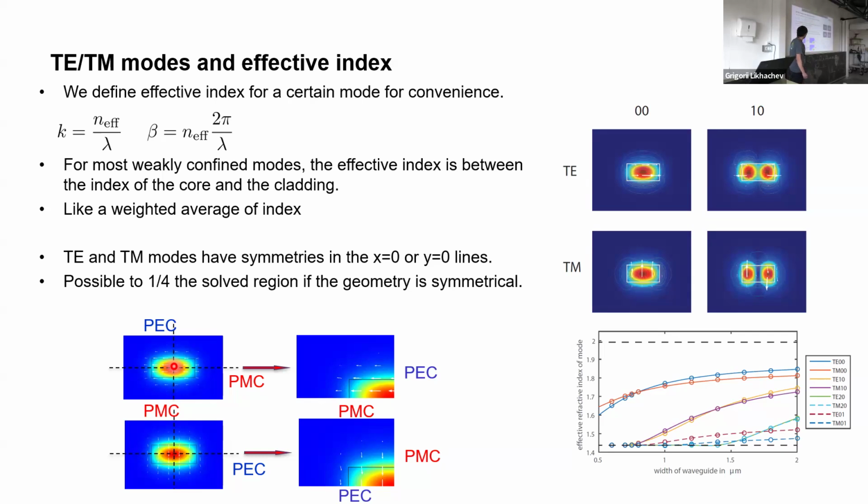For TE mode, you basically have this symmetry of the waveguide and symmetry of the electric field: if you cut it in half, the electric field in the minus half plane is just folded back onto the electric field in the positive half plane.